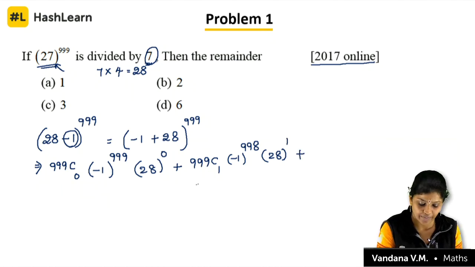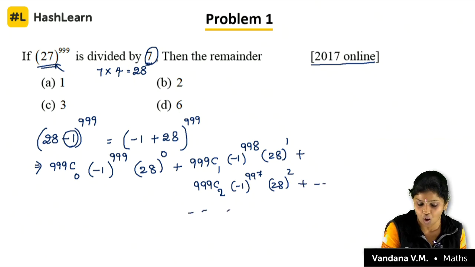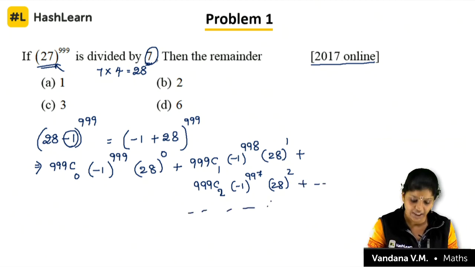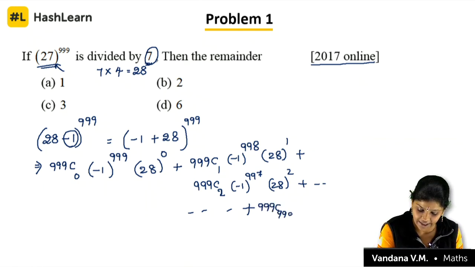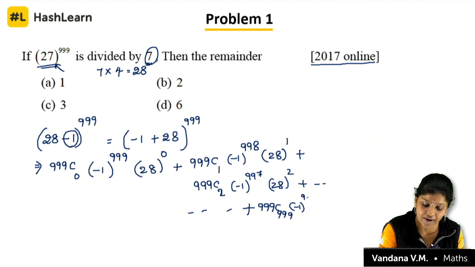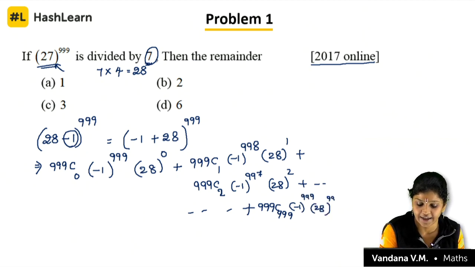So, next term will be 999C2, minus 1 whole power 997, 28 whole square, and so on will come. If you want, you write the last term also, not an issue: 999C999 minus 1 whole power 0, 28 whole power 999.